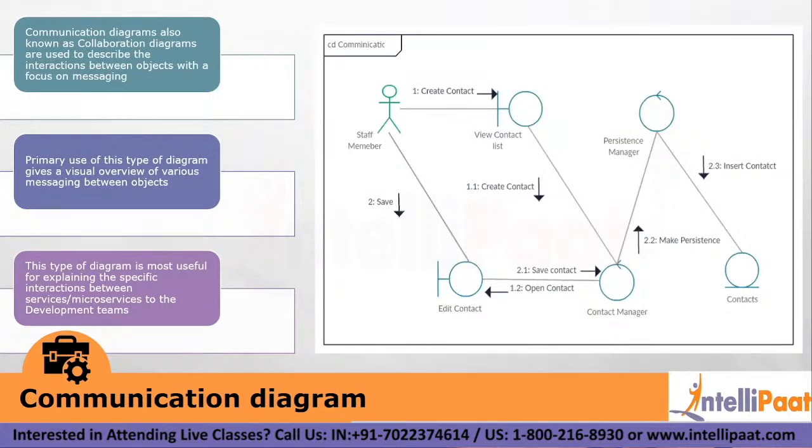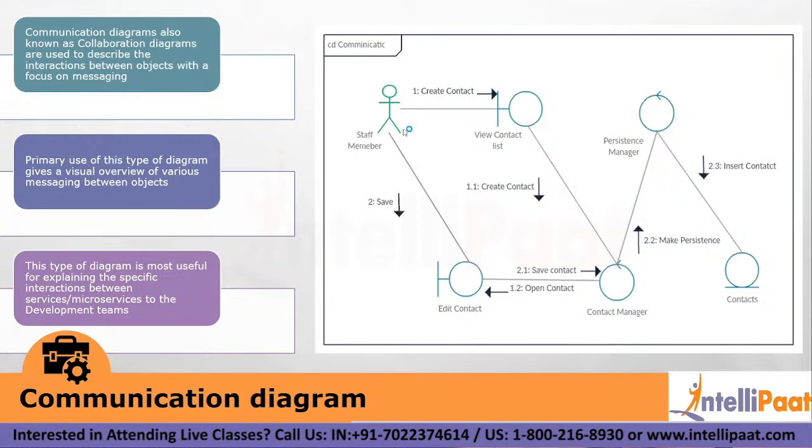So in this particular scenario, what do we have? We have a user who wants to view a contact list. The messaging that goes to the system is that the system will generate a contact list for the user.